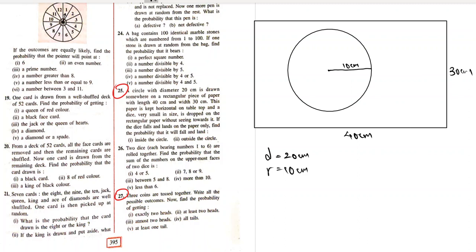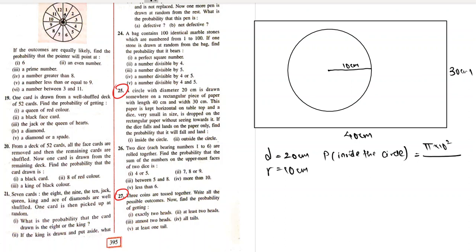So probability of the dice falling inside the circle. Now the total area of circle is pi r square, pi into 10 square, which is the desired area, which is the required outcome.